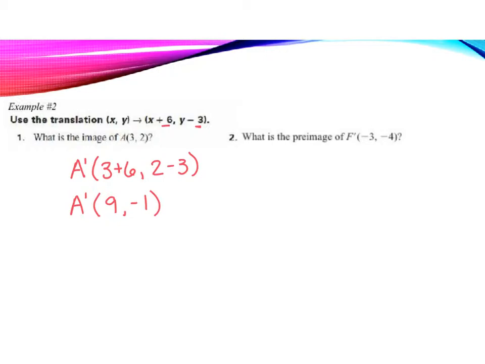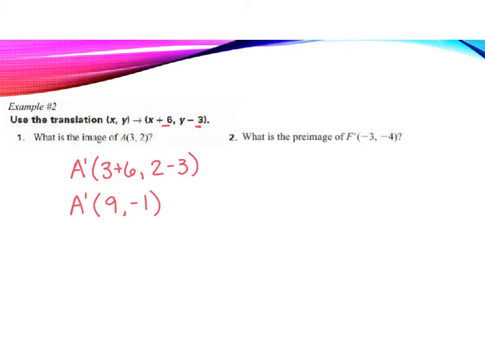So this next one, it says, what is the pre-image? So we are given this right here. We are given the image, so we're going to work our way backwards. And how we work our way backwards is we apply this rule, but in reverse.